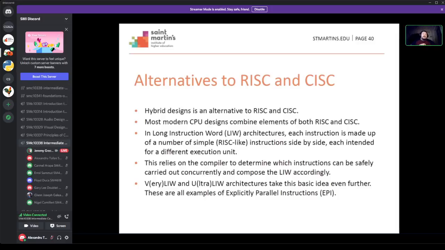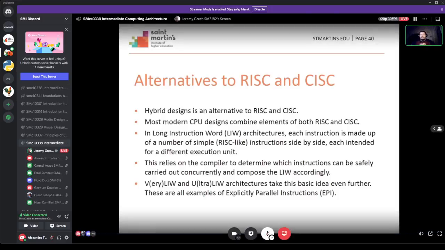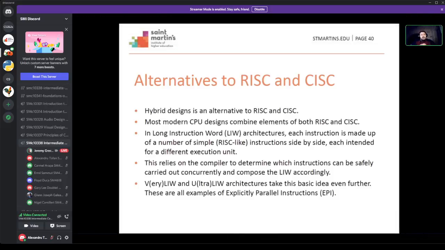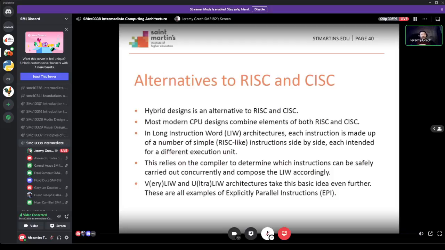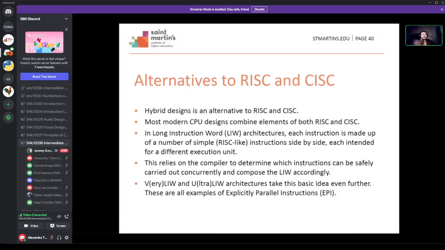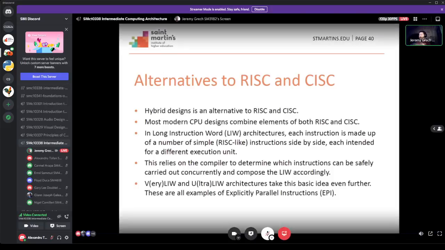Essentially, that is one of the reasons why AMD has taken such a big leap forward recently, because they came up with the 7 nanometer architecture versus the 14, if I'm not mistaken, of Intel. I think they went down to 10 now, but they were on 14 for a very long time and they lost ground.